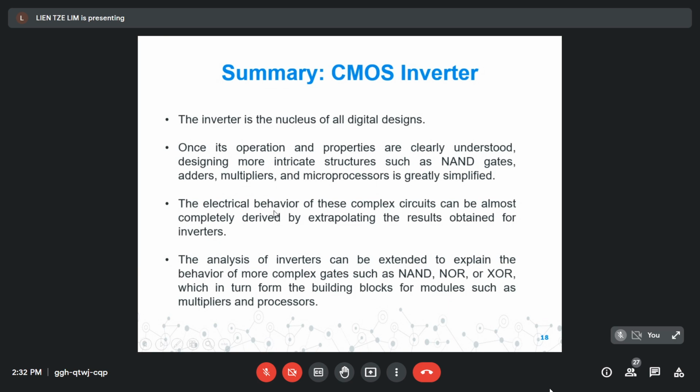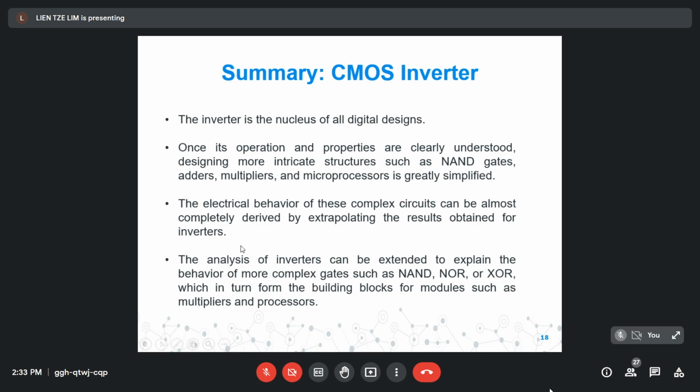The electrical behavior of these complex circuits can be almost completely derived by extrapolating the results obtained for the inverter. The analysis of the inverter can be extended to explain the behavior of more complex gates such as NAND, NOR, and exclusive OR gates, which in turn form the building blocks for modules such as multipliers and processors.